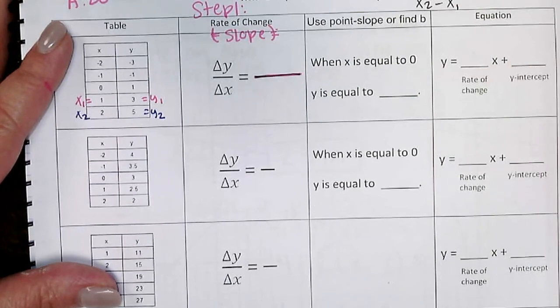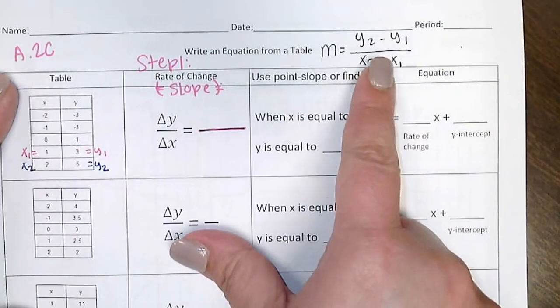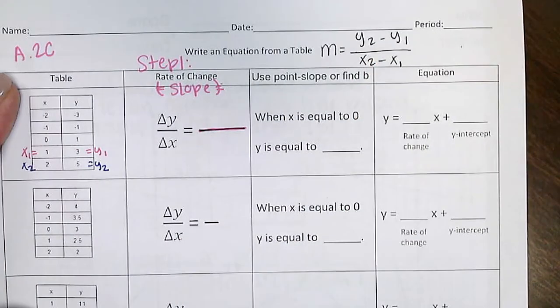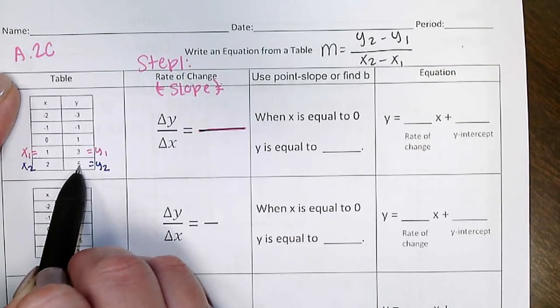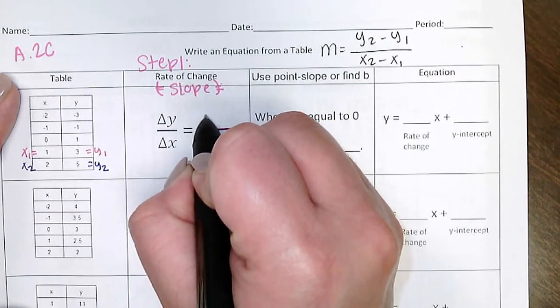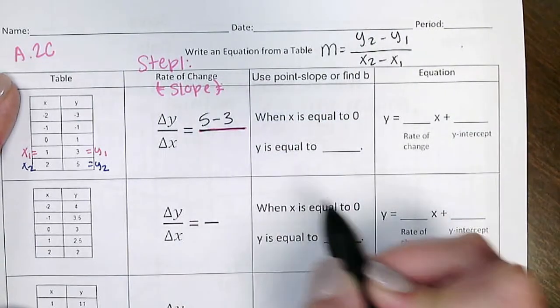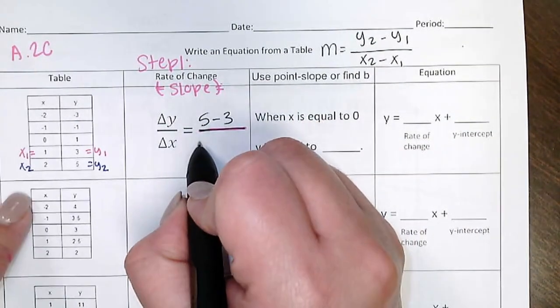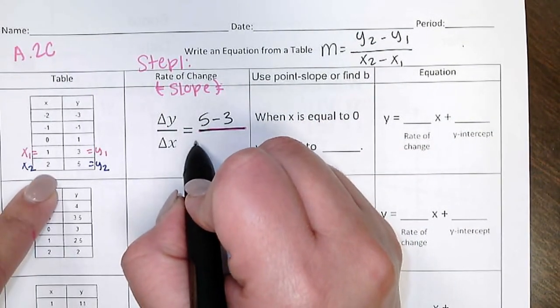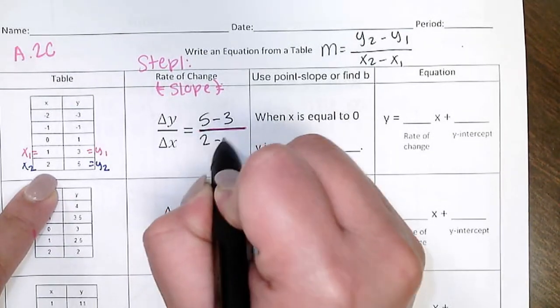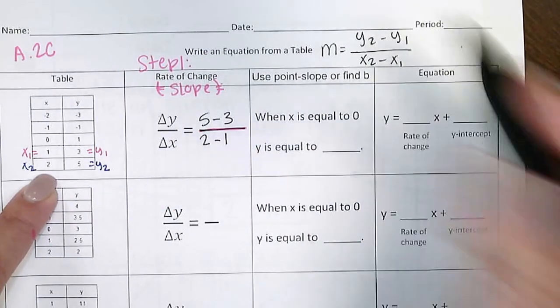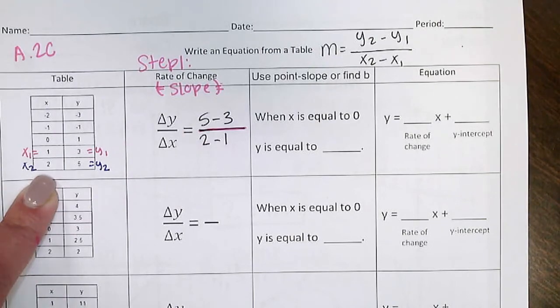So now we're going to have, according to the formula, y2 minus y1. So that's my y2, so 5, minus 3 on the top. And on the bottom, I'm going to take the difference of my x's. So 2 minus 1. And then we're going to find the rate of change.